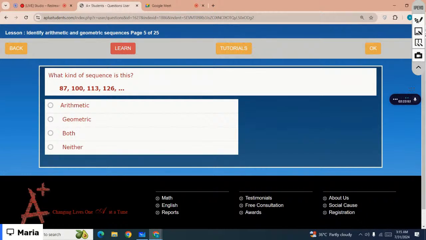The correct option is arithmetic. Option number one is the correct option.